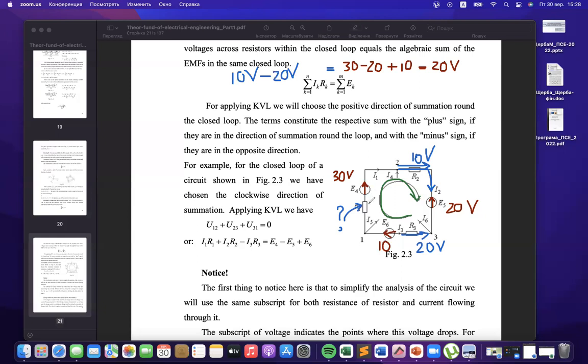And there is an unknown variable of voltage, let it be x. Then here you obtain minus 10. And you have the equation: minus 10 volts plus x equals 20 volts. Then it means that x should be 30. So the voltage on the last resistor should be plus 30 volts. It is your answer.